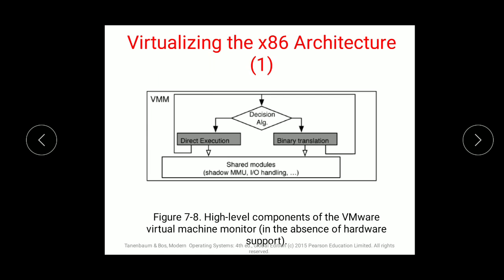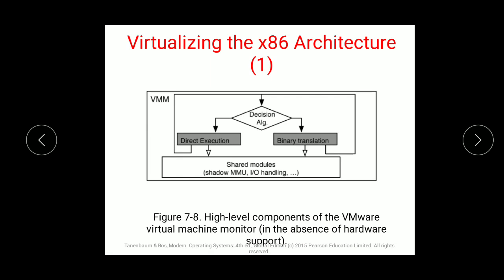So this is virtualizing the x86 architecture, that is direct execution. Now your prior code was written in binary, and that is the reason binary translation was required here. See, this is your x86 architecture and this is your virtual machine monitor, which is monitoring the whole machine based on the dependencies of how it is working. As I have said, high level components of the VMware virtual machine monitor in the absence of hardware support.